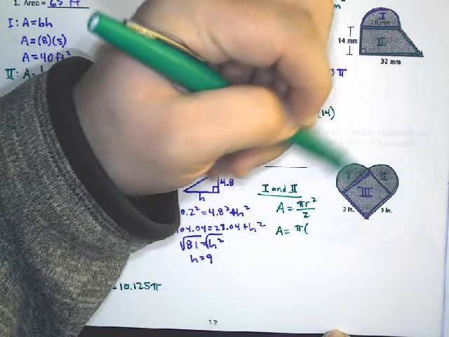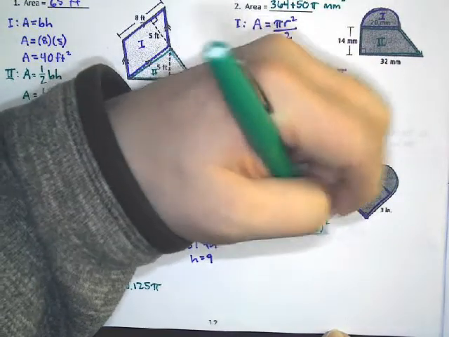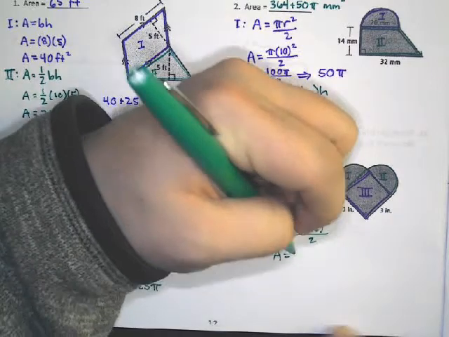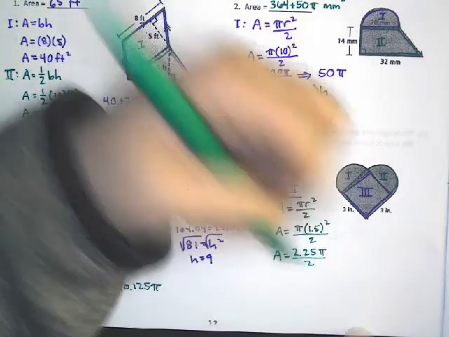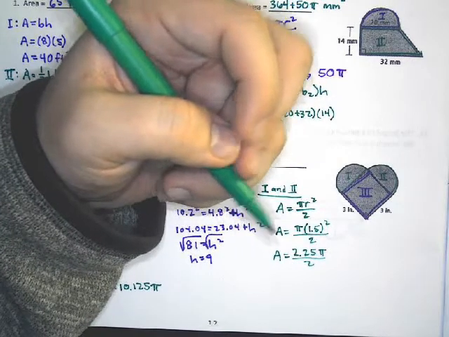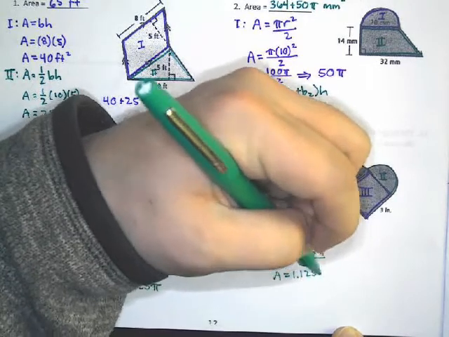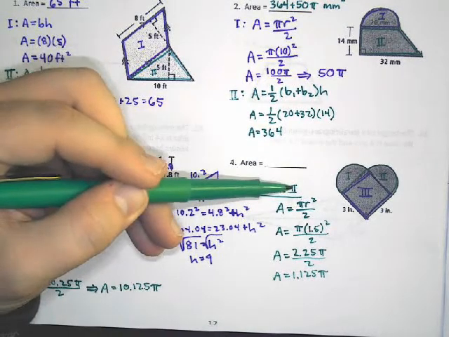Well, if this diameter is 3, then I have to use half of it, or 1.5. 1.5 squared. A equals 2.25 pi. Still got to divide by 2. A equals 1.125 pi. All right, now that's for one of them. That's for 1 or 2.